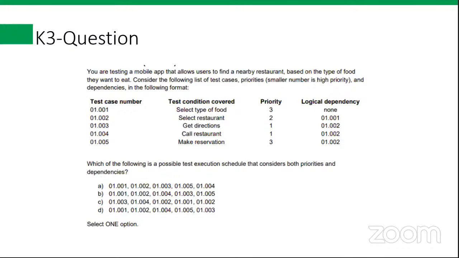Now, just go and look at what test case number 2 requires. Corresponding to test case number 2, you can see that the logical dependency is test case number 1, which means that before 2 is executed, 1 needs to be executed. So, now the order would be 1, 2, 3, or 4.